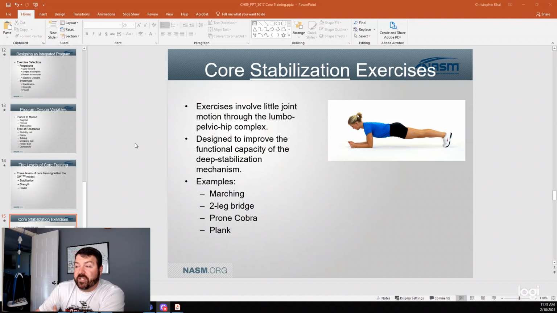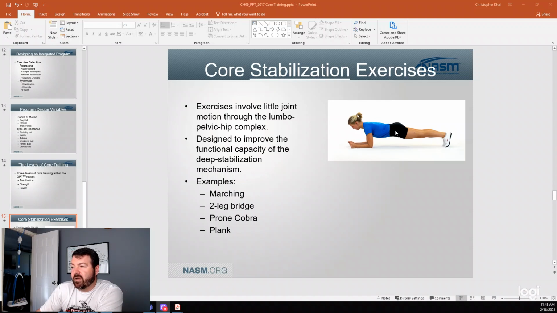Okay, so the stabilization. Exercises involve little motion through the lumbopelvic hip complex, designed to improve the functional capability of the deep stabilizing muscles. For example, here's the plank. Really, really simple for the most part. Make sure that they're straight across their body, especially including their cervical spine.